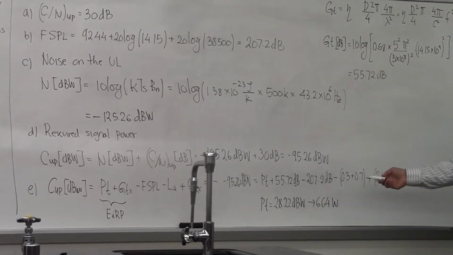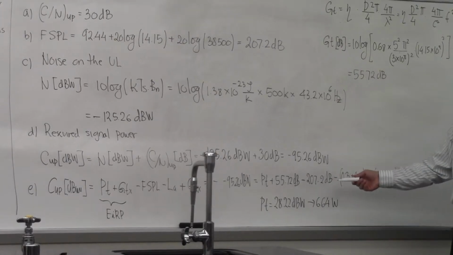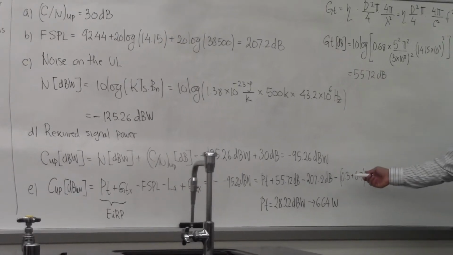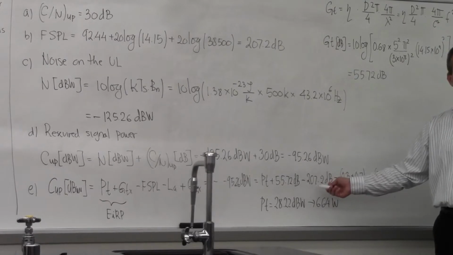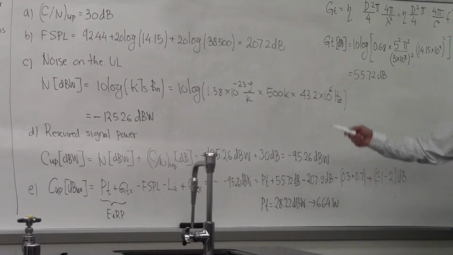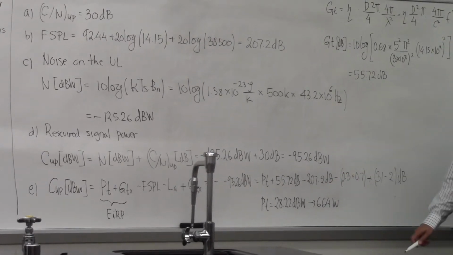Some of them you can work on, but most of them are given, right? Because you cannot change the free space path loss or the losses in the clean air.